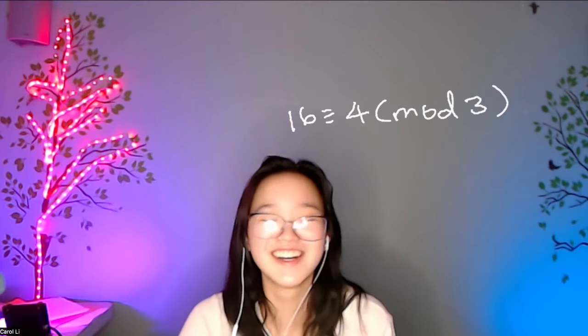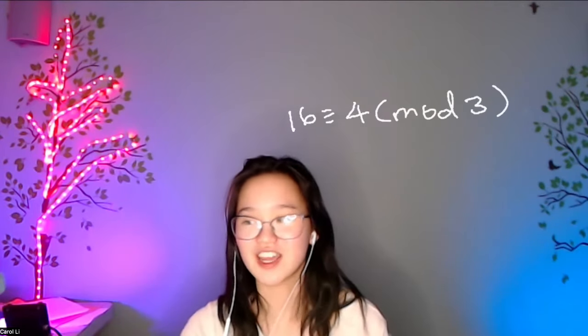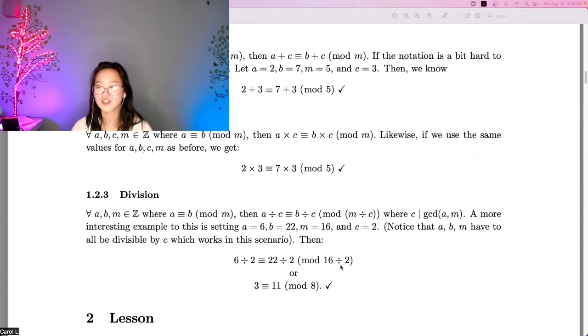You have to divide by something that the mod is divisible by. So here, 6 is equal to 2 mod 16. If you want to divide by 2, you can, because 16 is divisible by 2. When you divide both sides, you get 3 is equivalent to 1 mod 8.